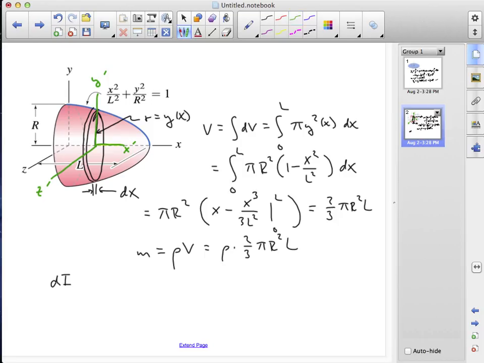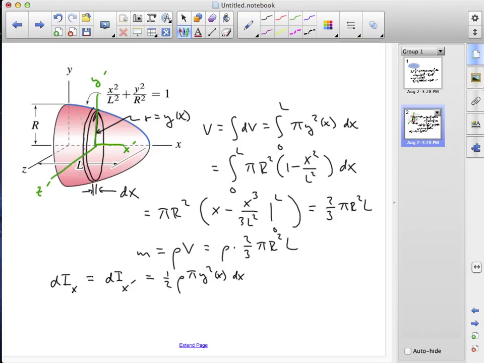Our differential contribution to mass moment about the x-axis will then be the same as that differential contribution about the local x prime axis, and we know that that's 1/2 the differential mass times the radius squared, so that's 1/2 mass density pi r squared dx.